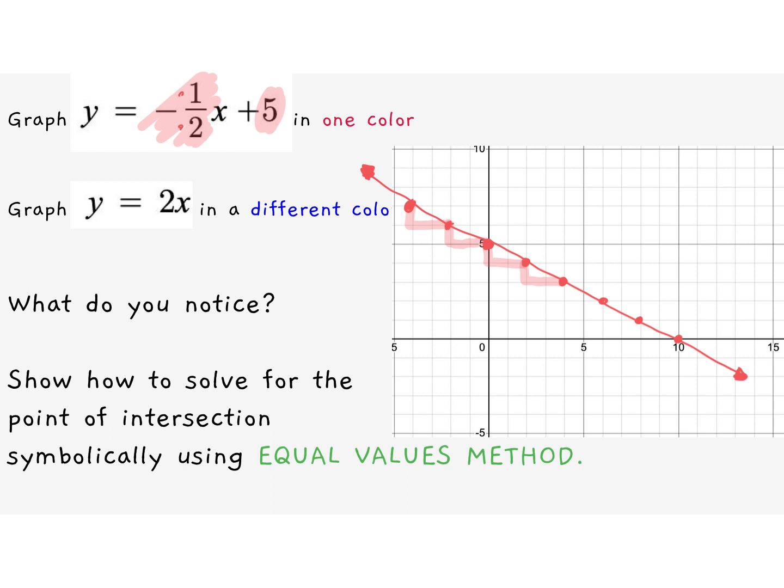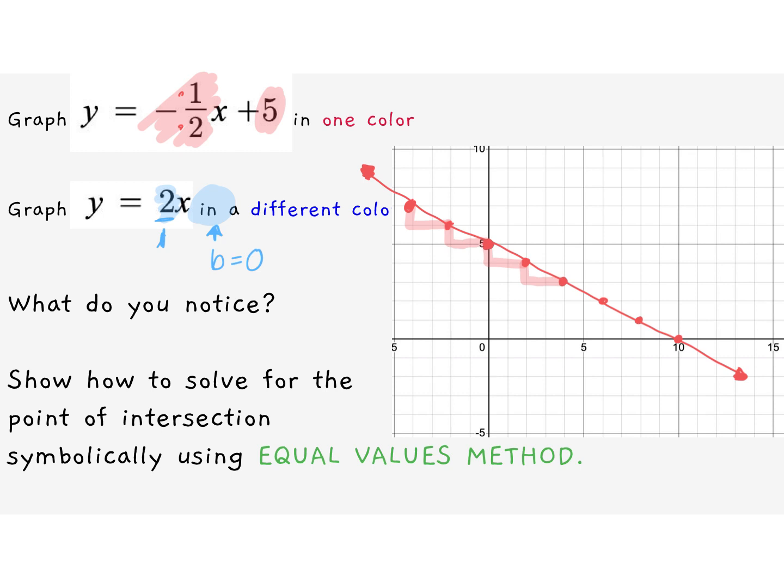So let's go ahead and switch over to blue. We do not have anything here for the plus or the minus, but we do have a slope. So hopefully that is an indicator for you that because there is no b, b would equal 0. And this rise over run would be 2 over 1. So let's go ahead and get into our graph.